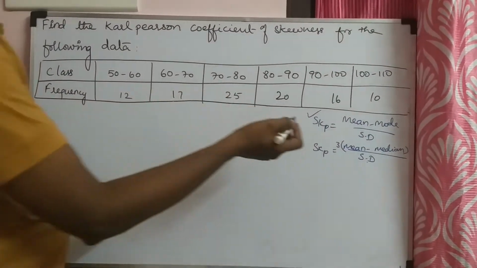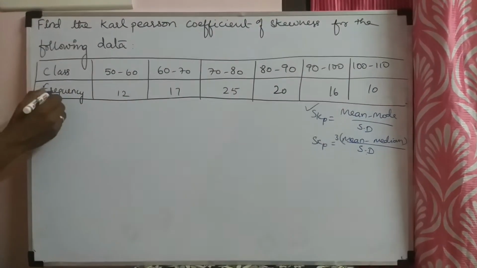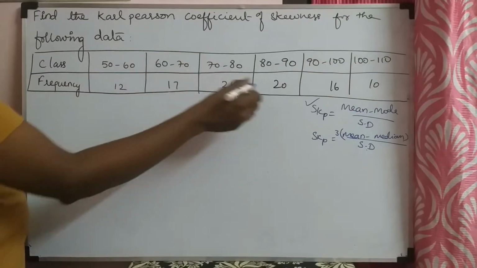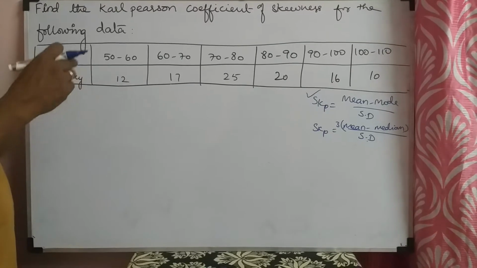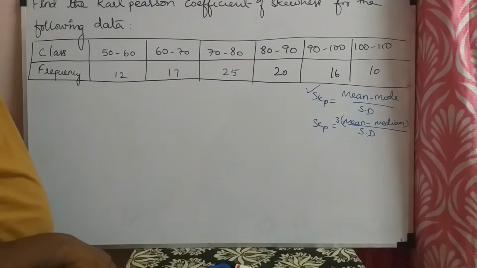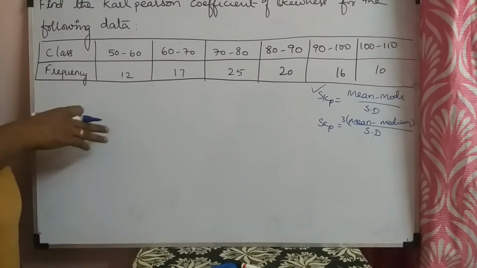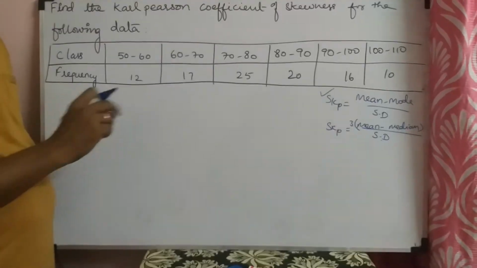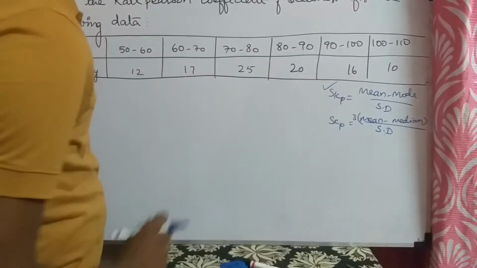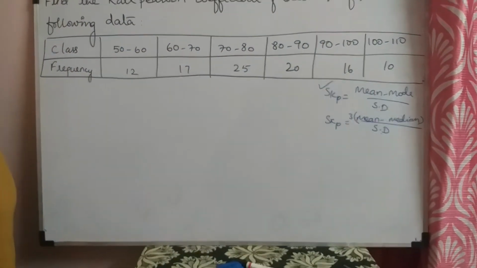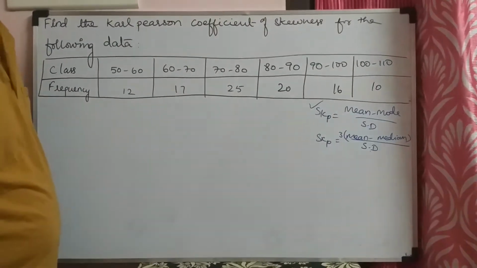So what are the table columns we need for calculating the mean? Mean has class, frequency, mid values, and d, fd. These are the five table columns we need for the mean, and for mode, class and frequency are enough. For the standard deviation, one extra column we are going to find, fd square.